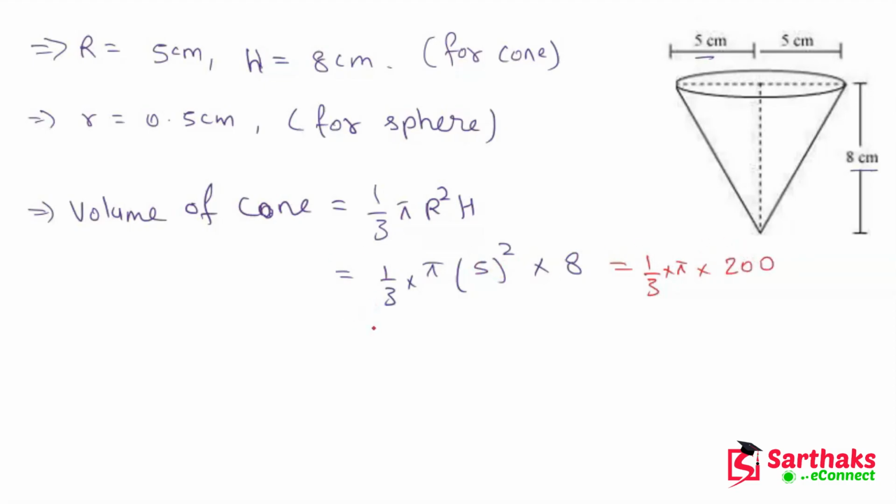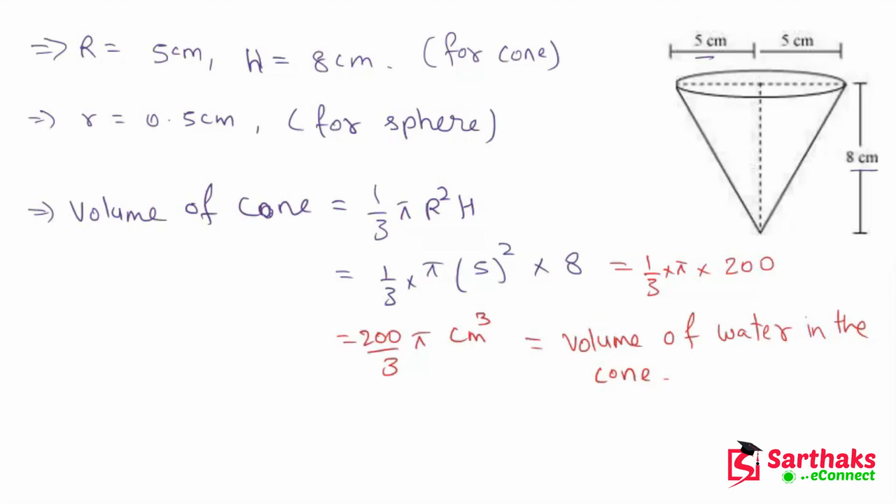So this is 200/3 pi centimeter cube. This volume of cone is equal to the volume of water in the cone.